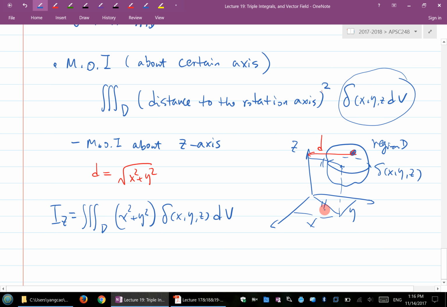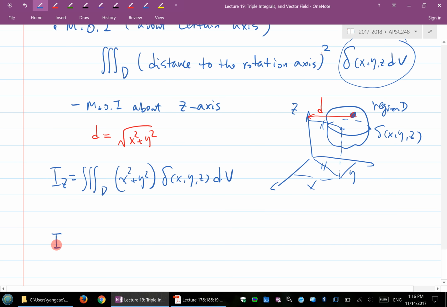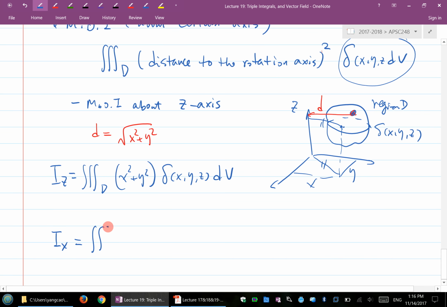Is that good? So I want you to maybe try it. What's the moment of inertia about the x-axis, for example? About the z-axis is x squared plus y squared. You can take a wild guess: if it's about the x-axis, this has got to be y squared plus z squared.